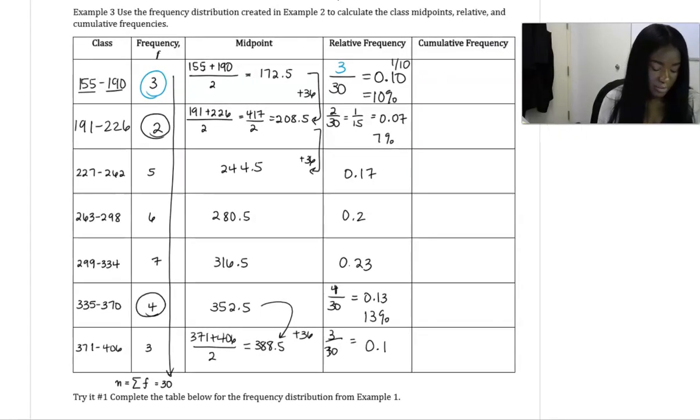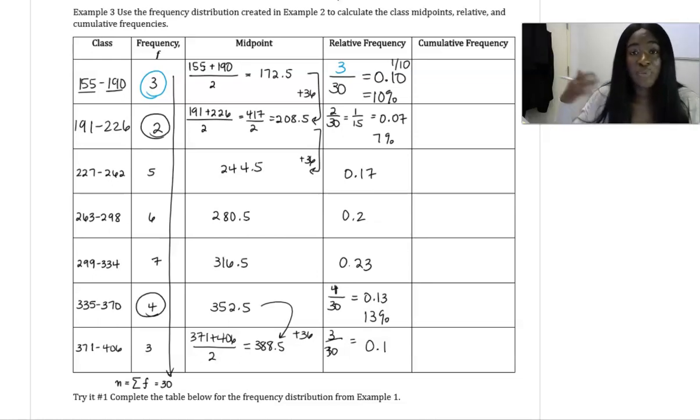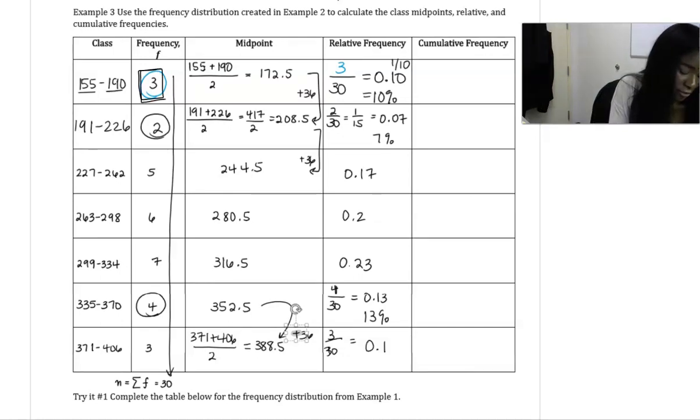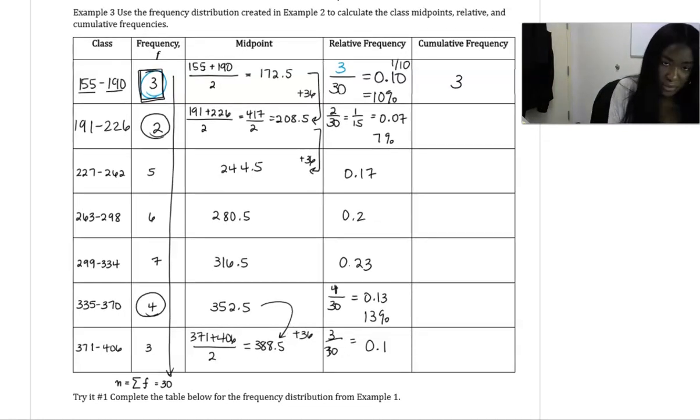And the last thing we will compute is our cumulative frequencies. To get the cumulative frequencies, you take the frequency of that class and you add the frequency of any previous classes. So for the first cumulative frequency, there are no previous classes, so I'm just going to be taking the frequency of that class, which is 3.